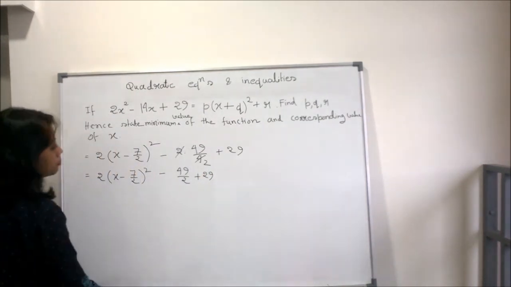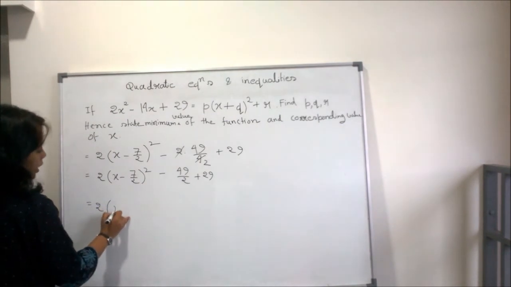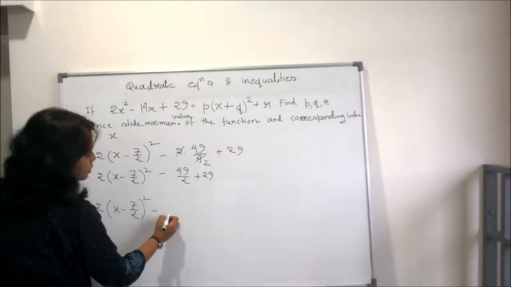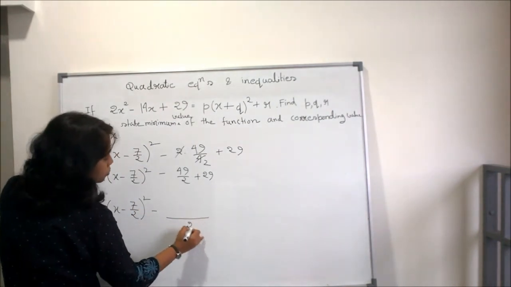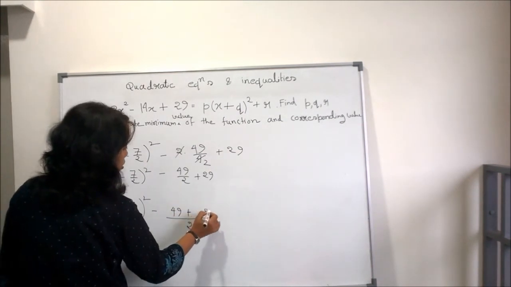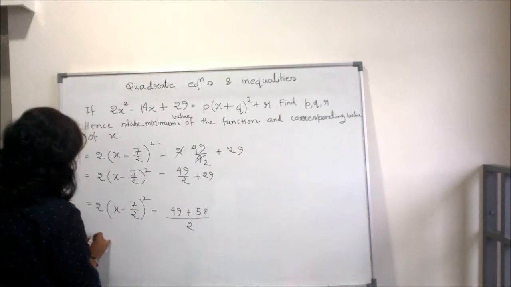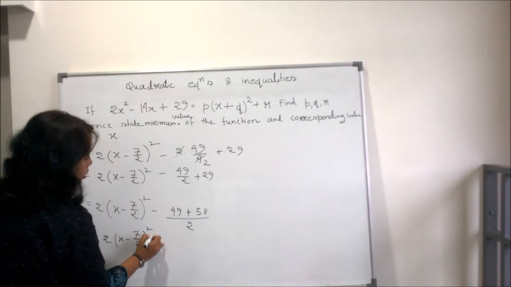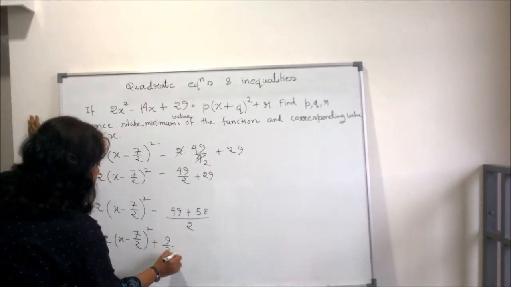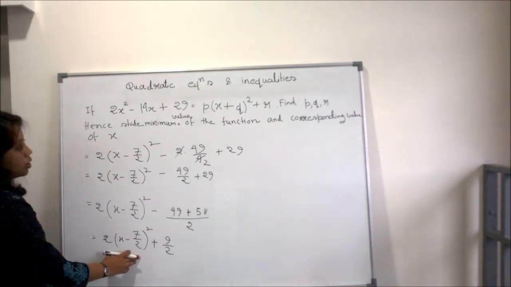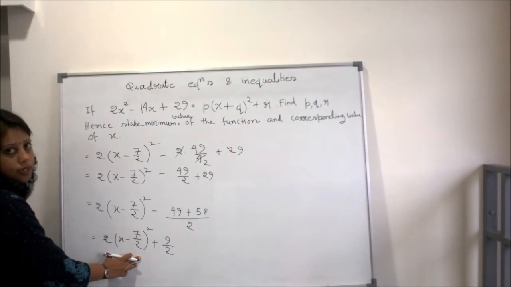So now we simplify: 2(x − 7/2)² minus 49/2 plus 29, and that gives 2(x − 7/2)² + 9/2. Okay. Now we have got it in the form of the right hand side.